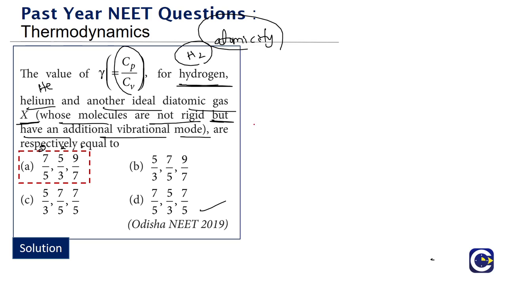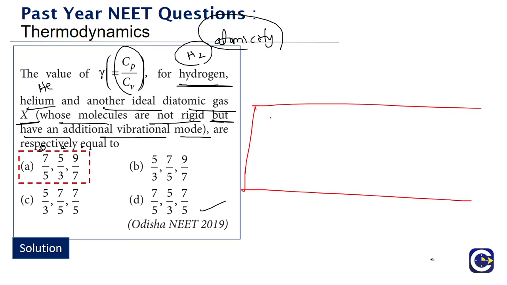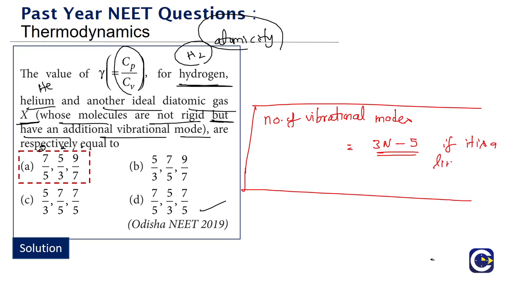If you have a triatomic or polyatomic in general, the number of vibrational modes will be equal to 3n minus 5 if it is a linear molecule, and it will be 3n minus 6 if it is non-linear.